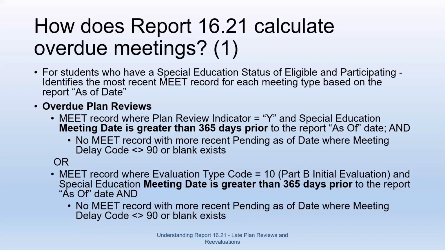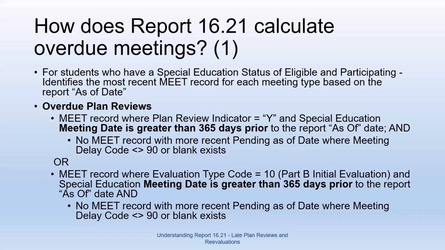Additionally, there's no meeting record with a more recent pending as of date where the meeting delay code is not equal to 90, which is late without cause, or blank. So basically, it's overdue if there is no pending record with a justifiable meeting delay. That is how they select overdue plan reviews.